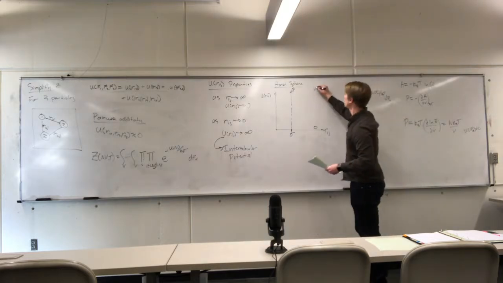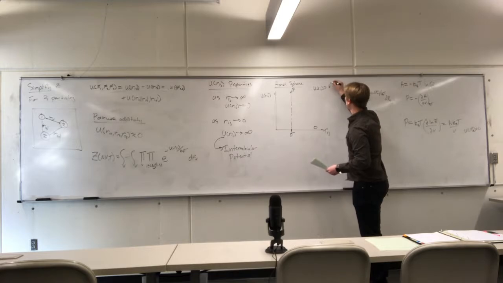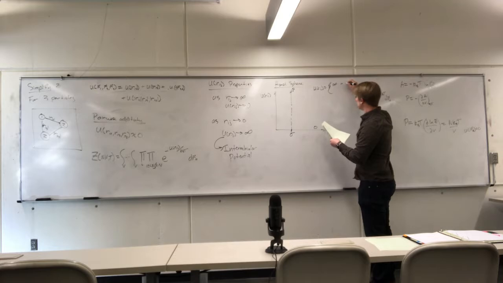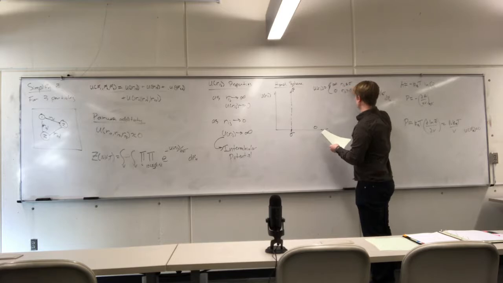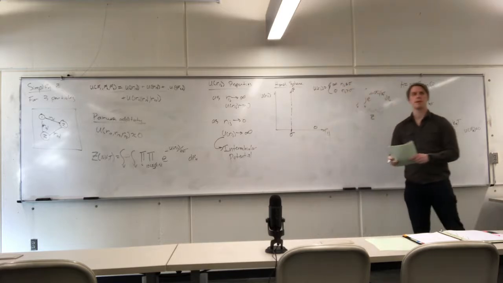So the hard sphere potential is equal to a piecewise function where it is infinity for r_ij less than or equal to sigma, and 0 for r_ij greater than sigma.